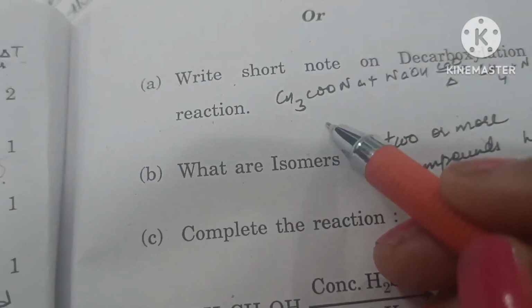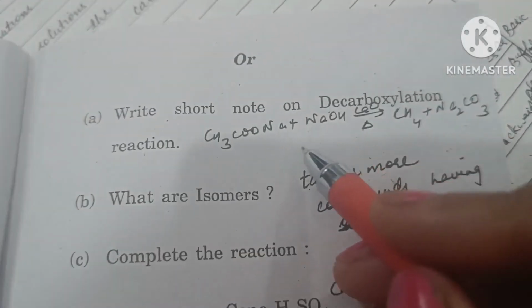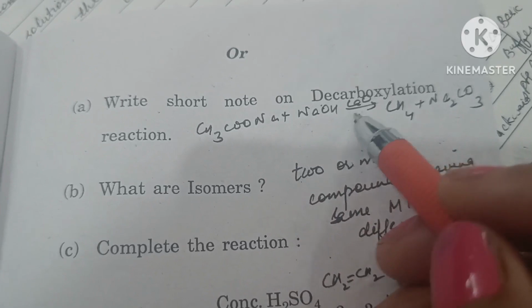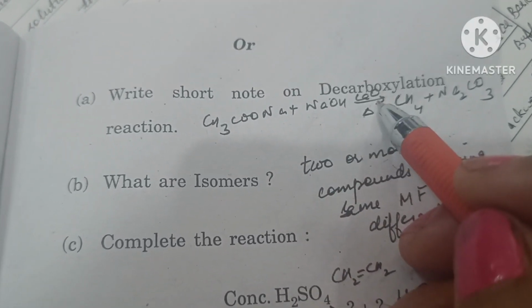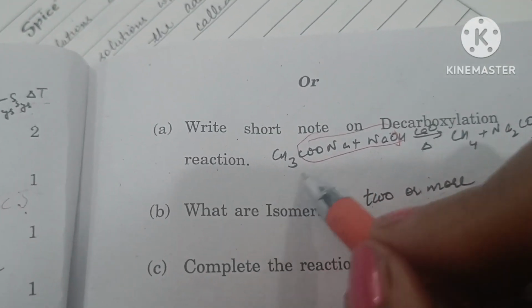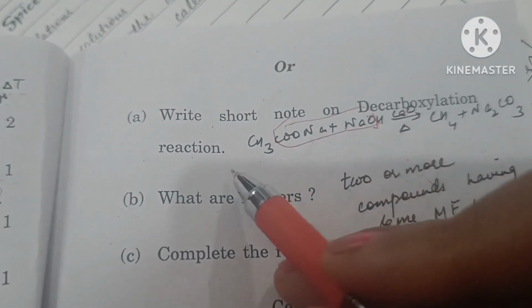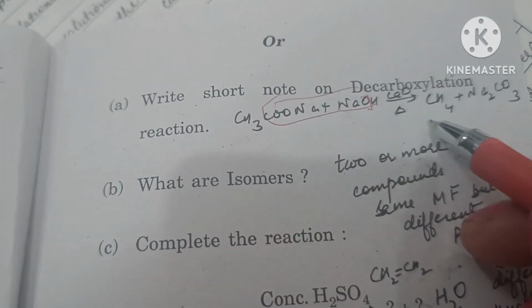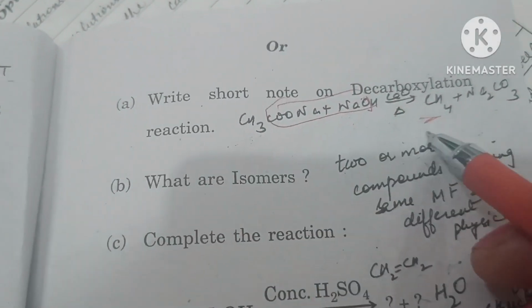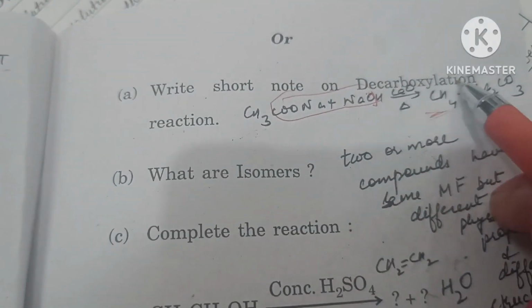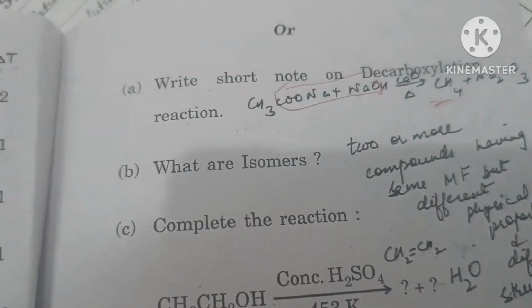When sodium acetate is heated with soda lime, a 3:1 mixture of sodium hydroxide and calcium oxide, the sodium acetate reacts to form sodium carbonate, and hydrogen combines with the methyl part and an alkane with 1 carbon less is formed. This reaction is called decarboxylation reaction.